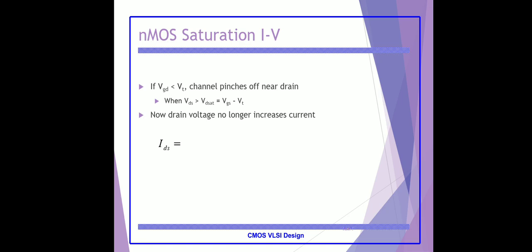Now the drain voltage no longer increases current, so we define IDS equal to beta into VGS minus VT minus VDSAT divided by 2, into VDSAT, which we can simplify as beta by 2 into VGS minus VT, the whole square.